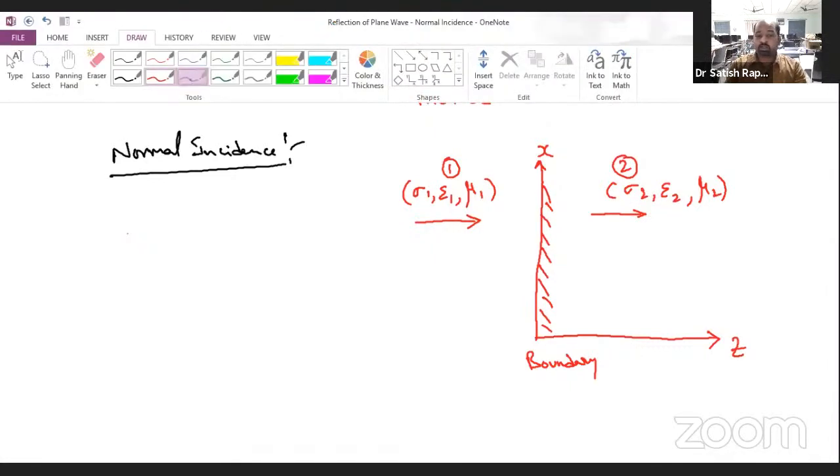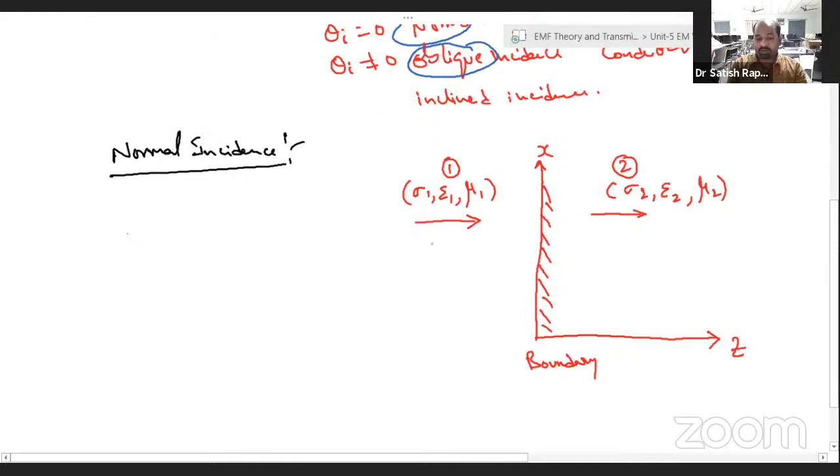Now, as we know, when an EM wave is propagating, it contains electric field and magnetic field components. Those can be represented like this.